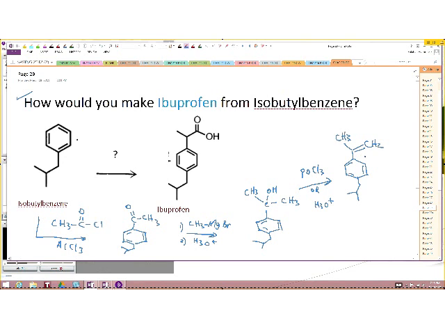Actually, I wanted to get to here, but what I wanted to use was a Wittig. You remember Wittig? That's one step instead of 2 steps, but this is fine.